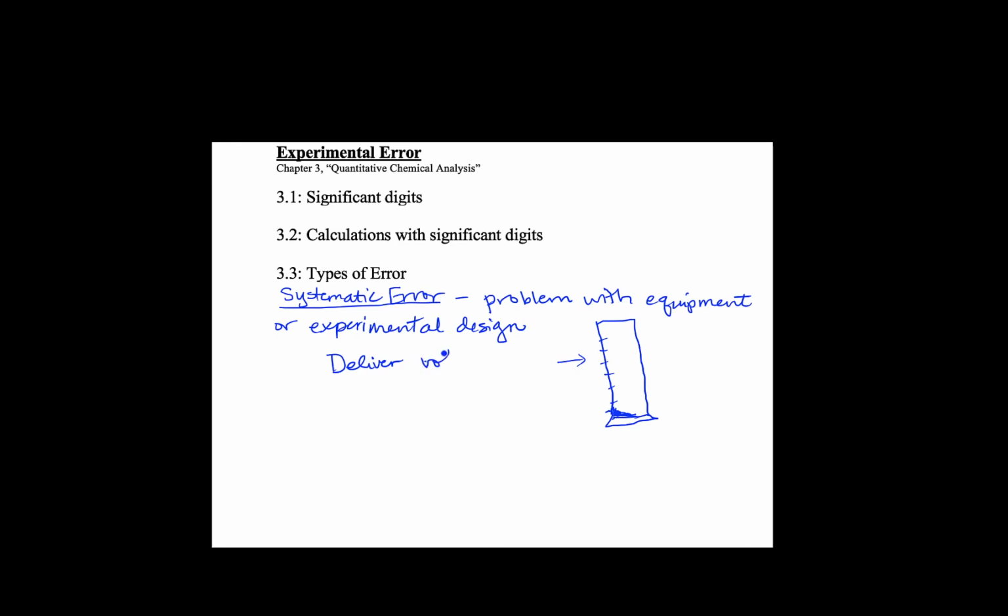So it's going to deliver a volume that is consistently too high or too low, depending on the error. In this case, it would be consistently too low. It's systematic because it's the same every time.